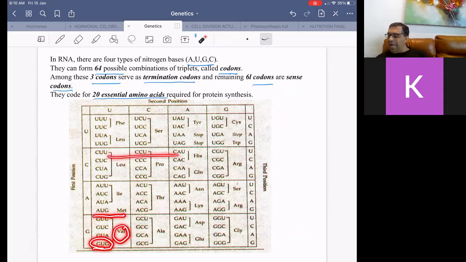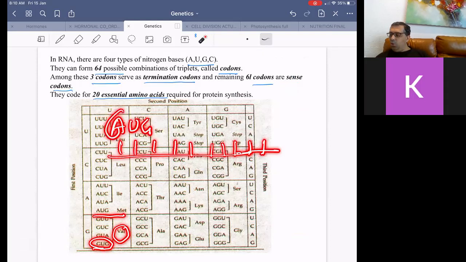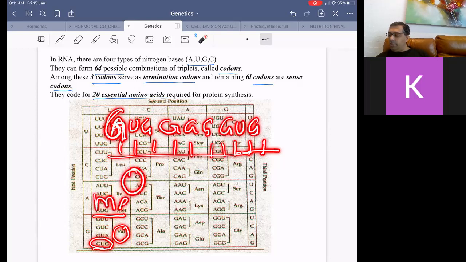But suppose you have a sequence of codons in which instead of AUG you have GUG, and then GGG, and then suppose you have GUG again. Then what will the first GUG code for? Methionine instead of valine. And GGG codes for glycine.